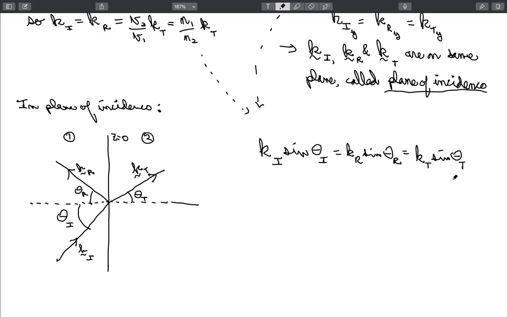So what can we get from that? Well, first of all, because k_i is equal to k_r, then theta_i has to be equal to theta_r. So that's the first thing. Theta incident has to be the same as theta reflected. And this is simply the law of reflection.